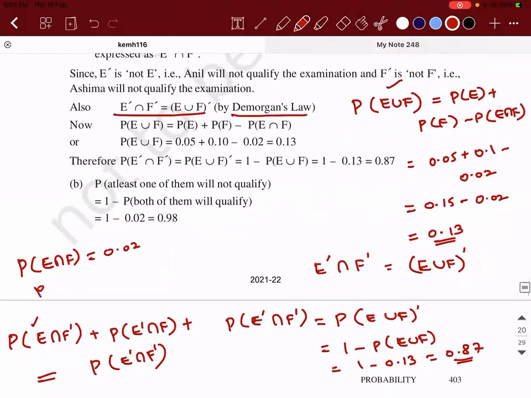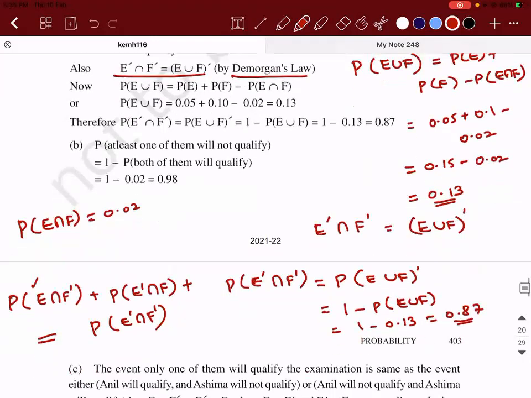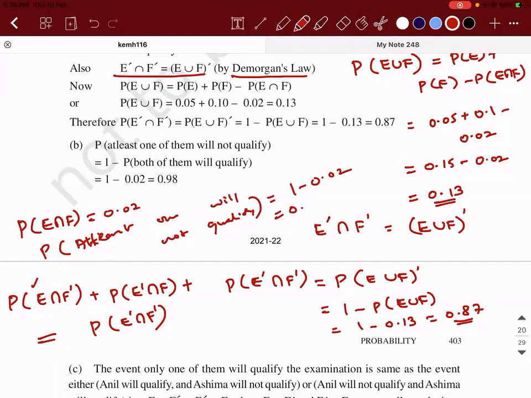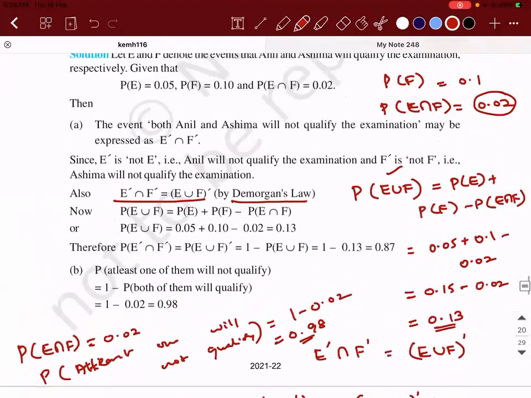So what is the probability that at least one of them will not qualify? 1 minus 0.02, so it will be 0.98. So there is 98% probability that either of them will not qualify the examination.